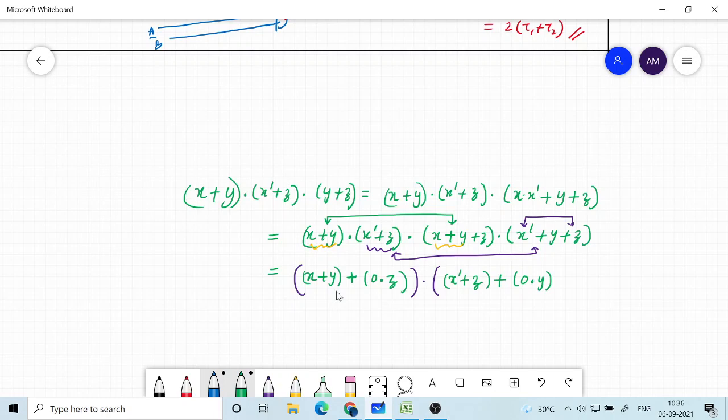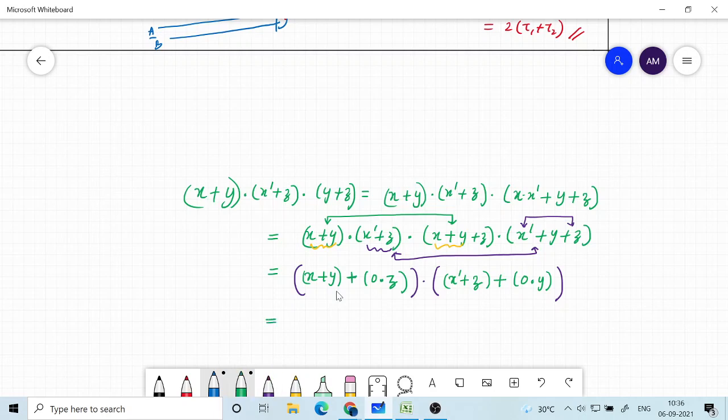So (x dash plus z plus 0), that is this term, dot (x dash plus z plus y), that is this term. Clear? Yes, sir. That is the next step.